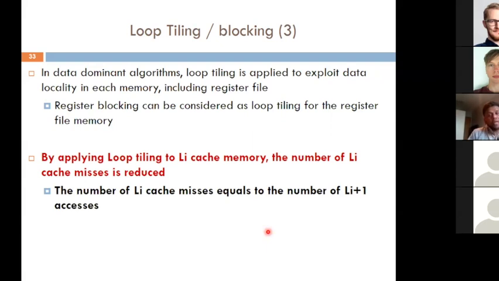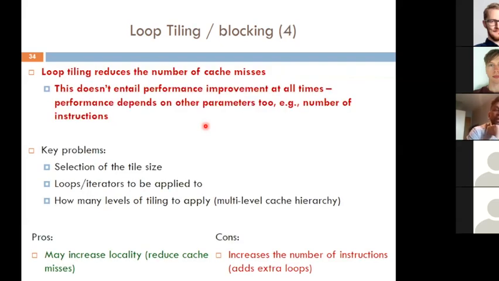But if the array does not fit and remain in the fast cache, then we can think of applying loop tiling techniques. It definitely reduces the cache misses.